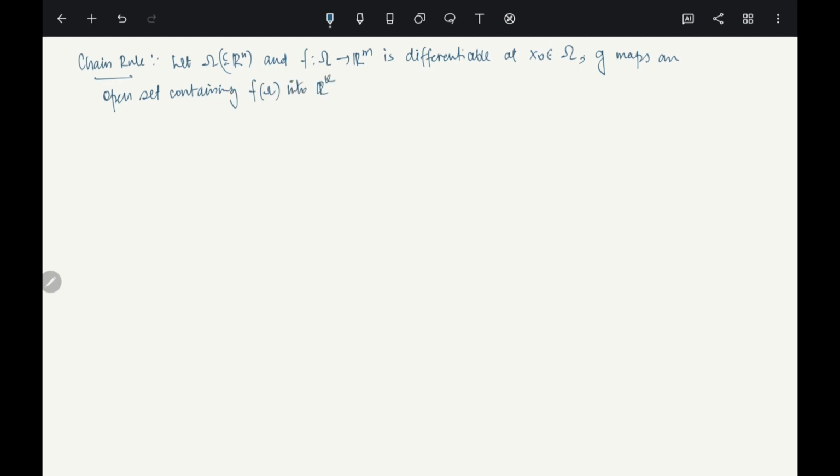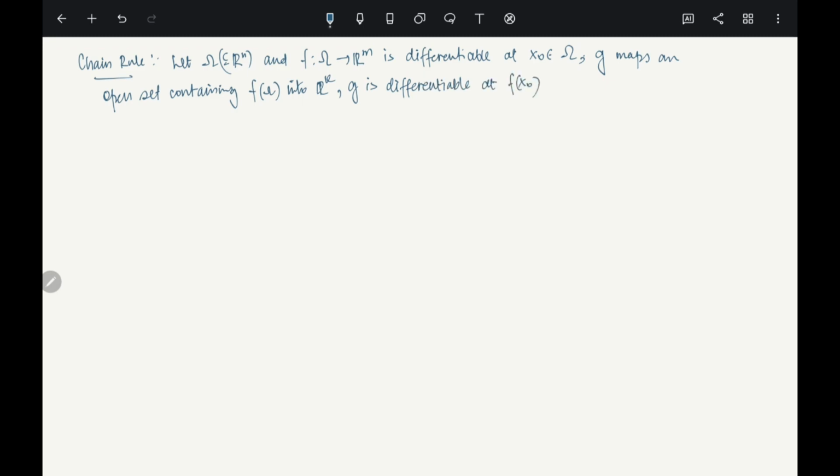So basically, f is from Omega to Rm and g is from f of Omega to Rk. We are also assuming that g is differentiable at f of x0.